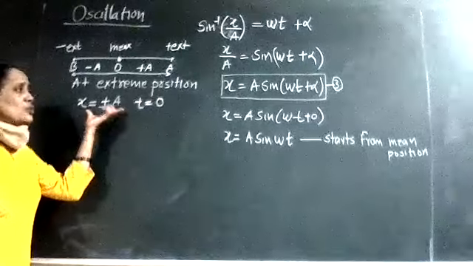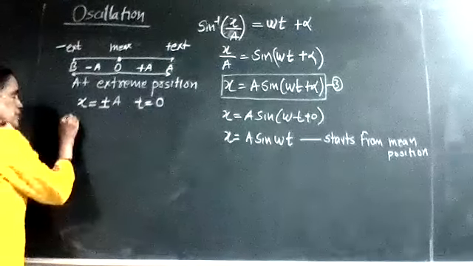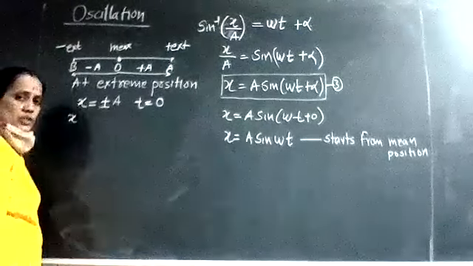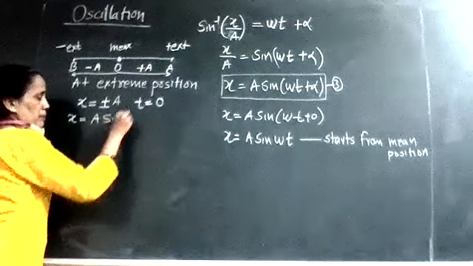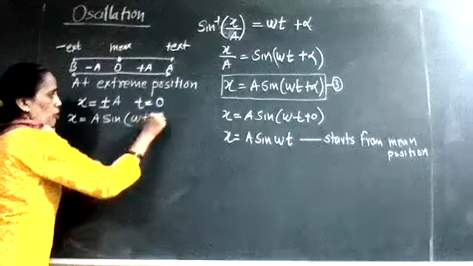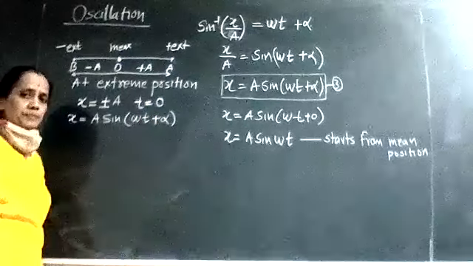Now putting these two conditions in your displacement equation, what is it? x is equal to A sine in bracket omega t plus alpha.